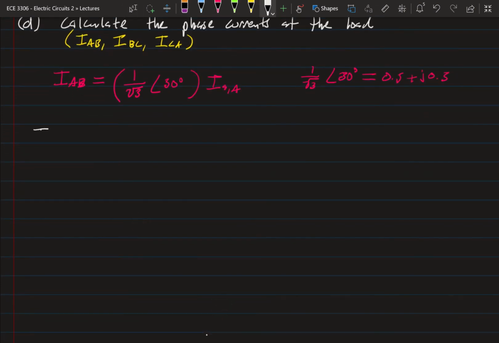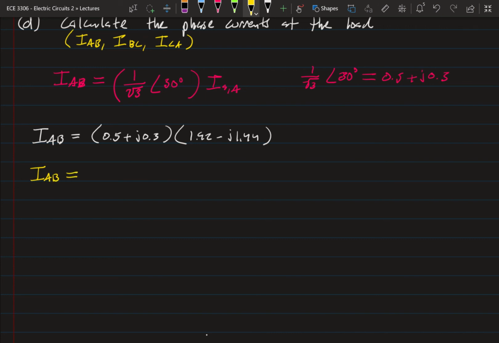So let's drop everything in. IAB is equal to 0.5 plus j0.3 times 1.92 minus j1.44. And that's going to get you a final answer: IAB equals 1.392 minus j0.144, or as a phasor, that's going to be 1.4 at an angle of minus 5.9 degrees.